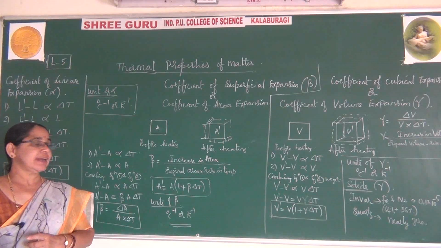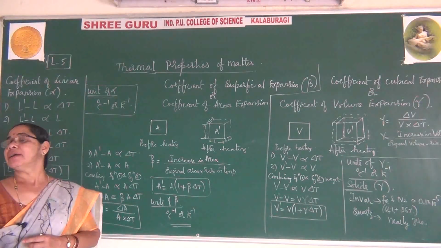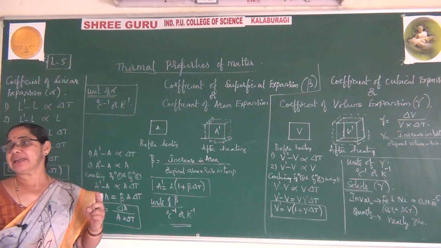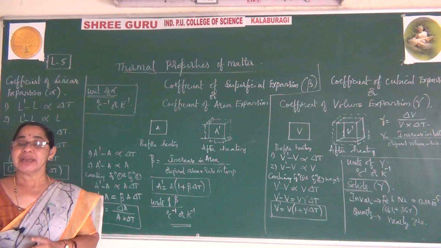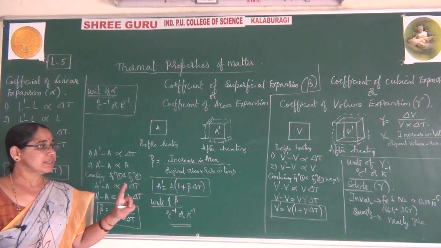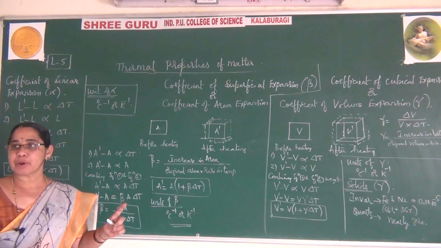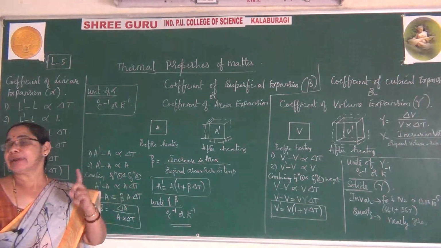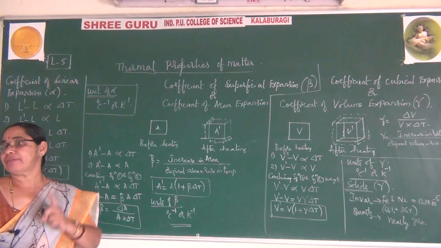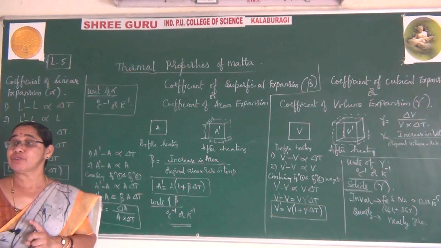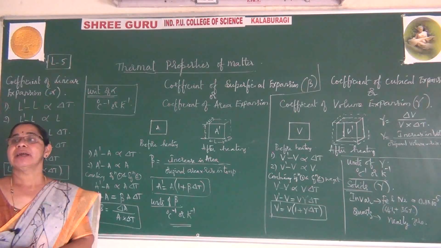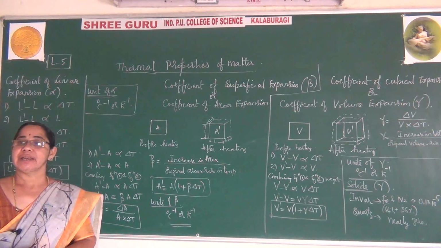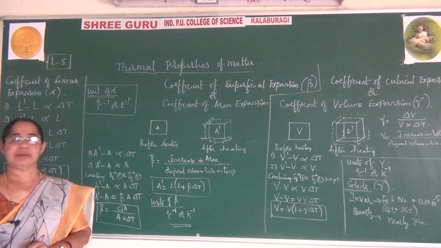But remember, you have not yet learnt the surface tension property. If you have learnt surface tension, you will understand mercury and water are totally different, because cohesive force and adhesive force are totally different: mercury does not stick to the container, but water sticks to the container. These are the special properties you have here.